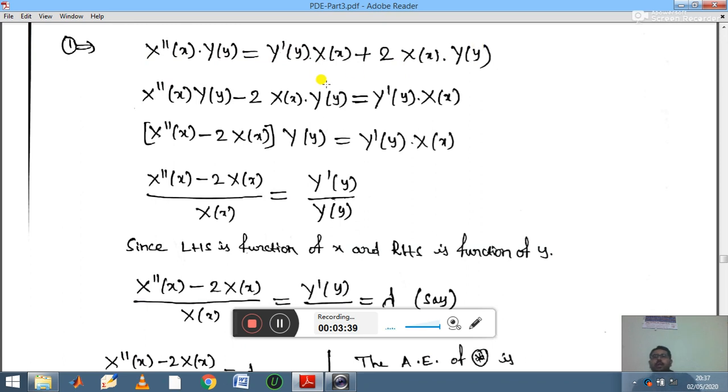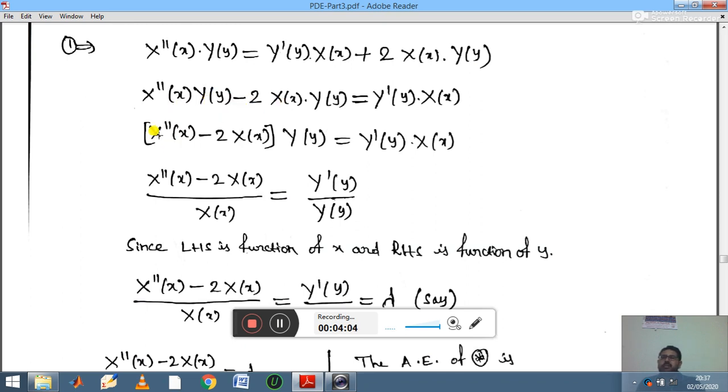Now let us rewrite these expressions. Take the last term to the LHS side: X''(x) Y(y) - 2 X(x) Y(y) = Y'(y) X(x). In the first two terms take Y(y) common.